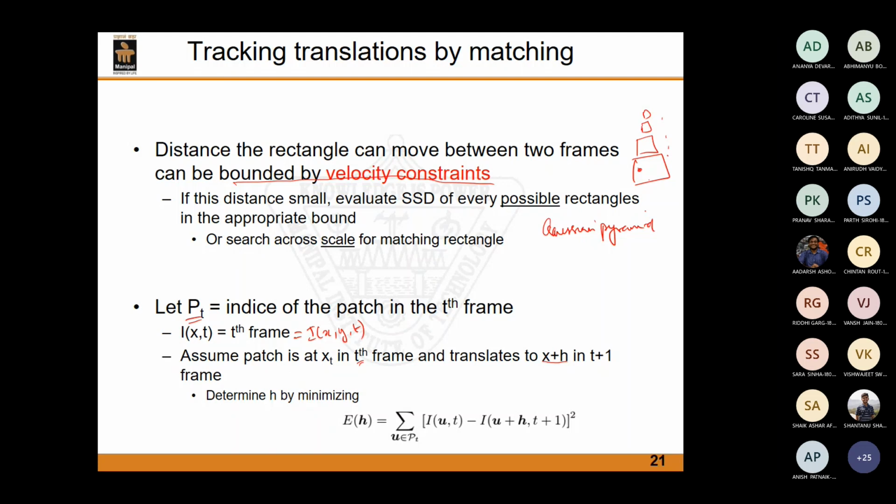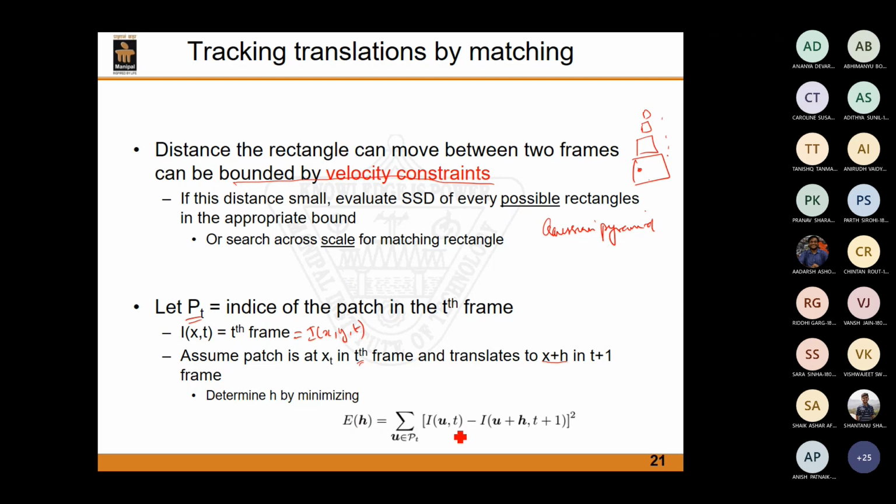So after the translation operation, the patch has moved to the x plus h location, which is present in the (t+1)-th frame. To calculate this, again it is the SSD equation. SSD stands for the sum of squared differences, and that is used over here.